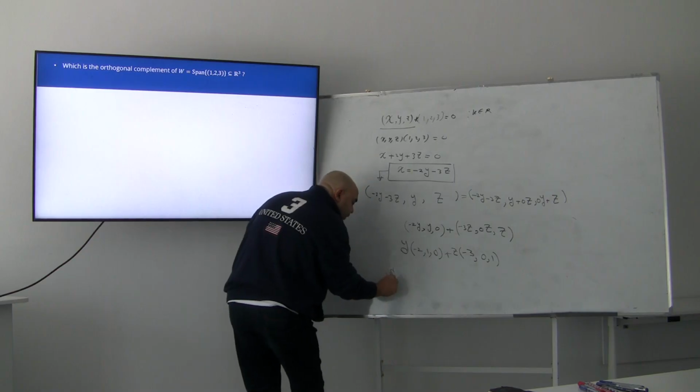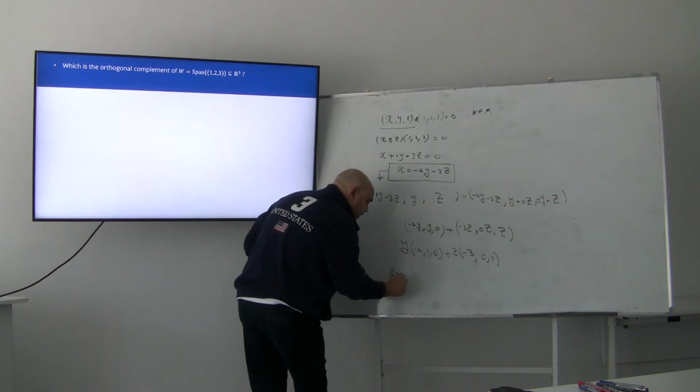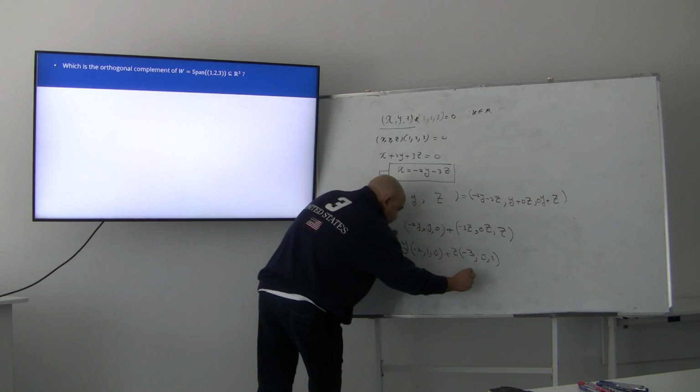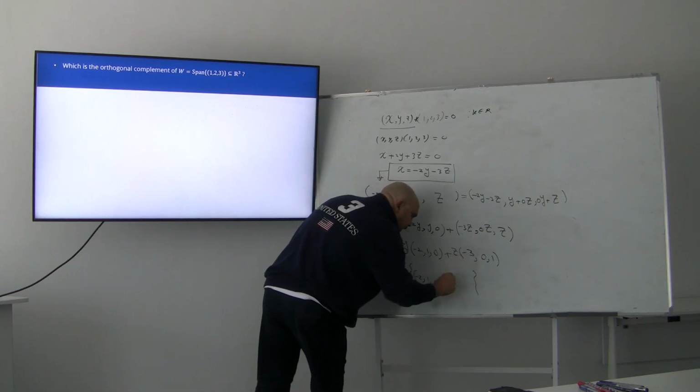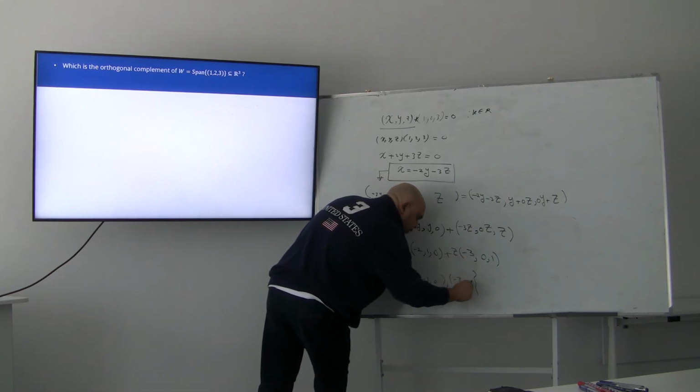So the span of the orthogonal set can be written as the span of the vectors (negative 2, 1, 0) and (negative 3, 0, 1).